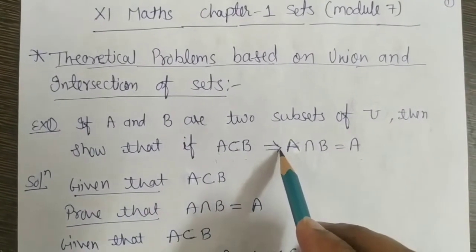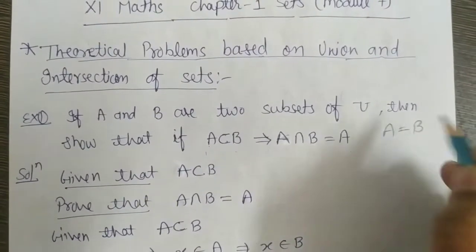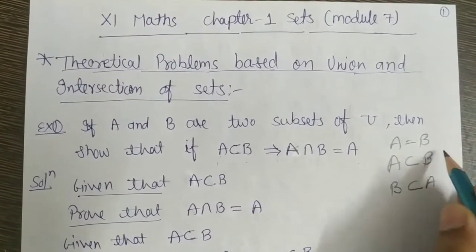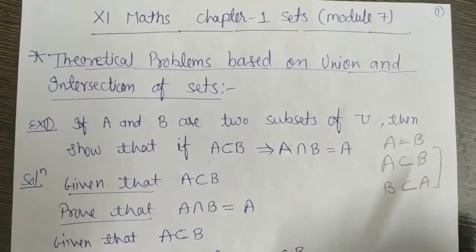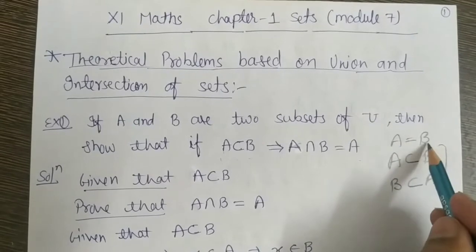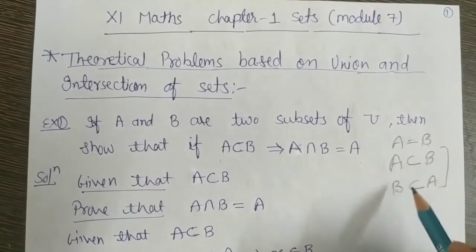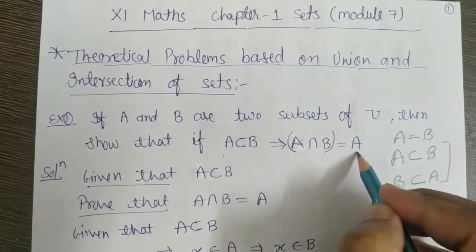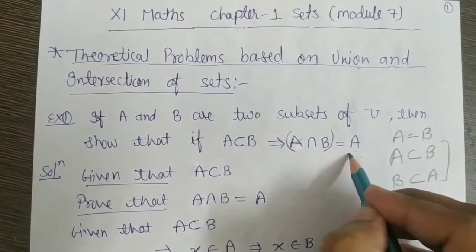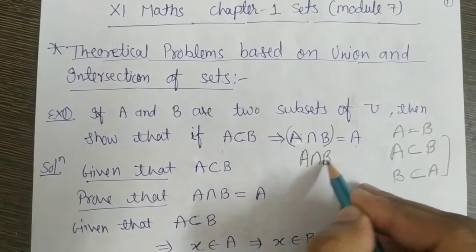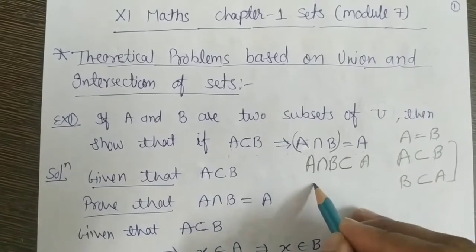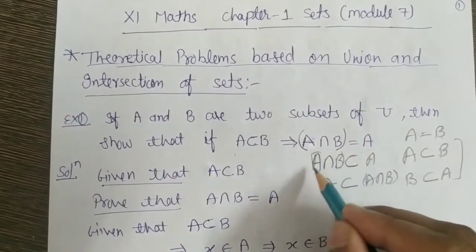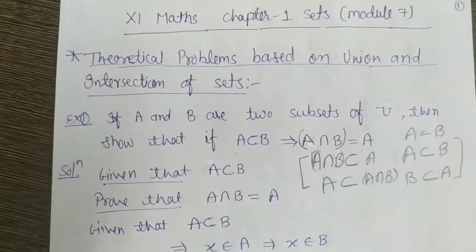When we need to prove A equals B, it means we need to prove that A is a subset of B and B is a subset of A. This definition we learned in the definition of equal sets. Two sets A and B are called equal if A is a subset of B and B is a subset of A. In a similar way, I am to prove A intersection B equals A. It means I will prove A intersection B is a subset of A and also A is a subset of A intersection B. In the proof, we need to prove these two parts.